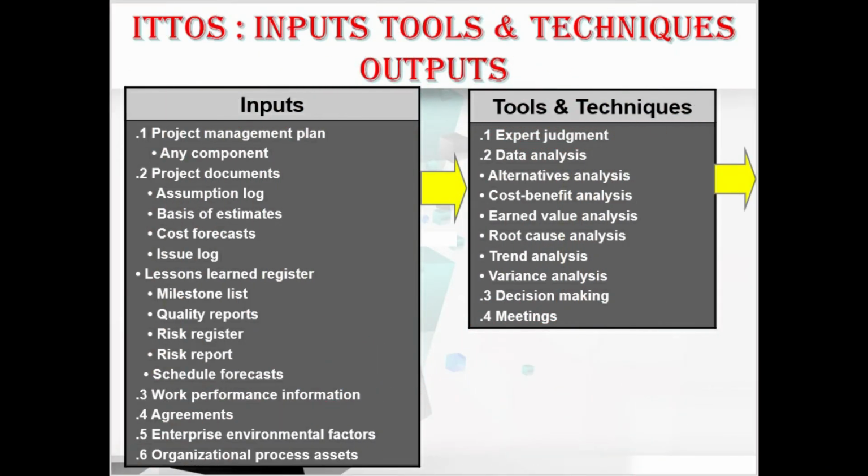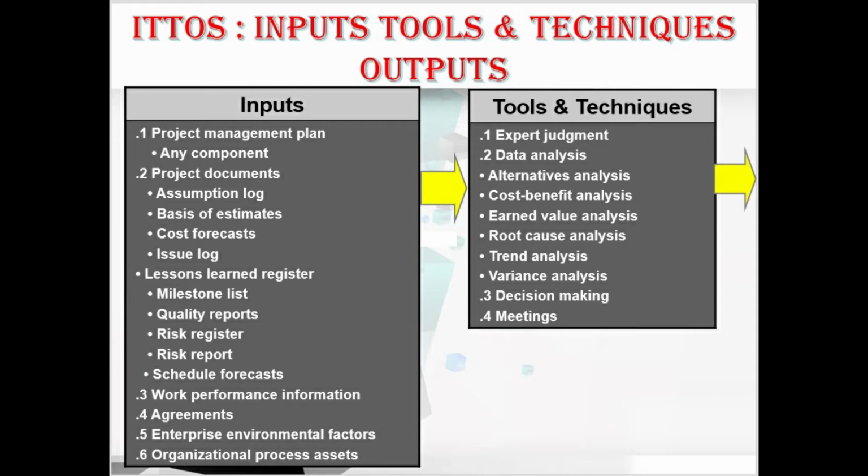In inputs, we have the project management plan, which includes all the components, and we have the project documents, which include the assumption log, basis of estimates, cost forecast, issue log, lessons learned register, milestone list, quality reports, risk report, and schedule forecast.